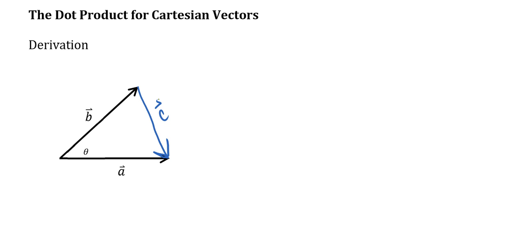You could do it in the other direction and it would still work out basically the same, but I chose to draw it this way. And I'm going to do a few things to kind of set this up. So what I notice is if I start here and go along B and then along C, that's the same as A. So B plus C equals A. And that means vector C, we've done this before, is A minus B. Vector A minus vector B.